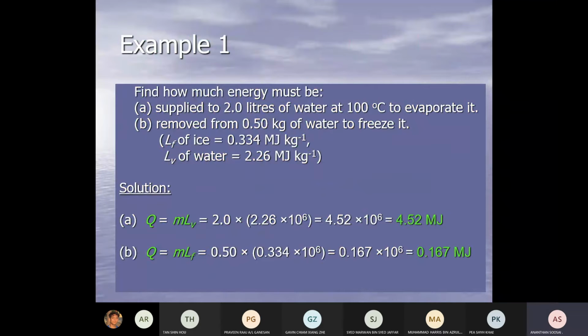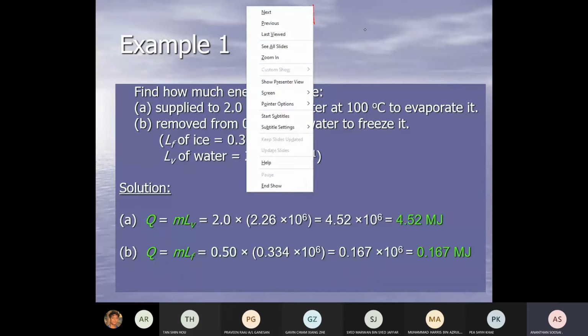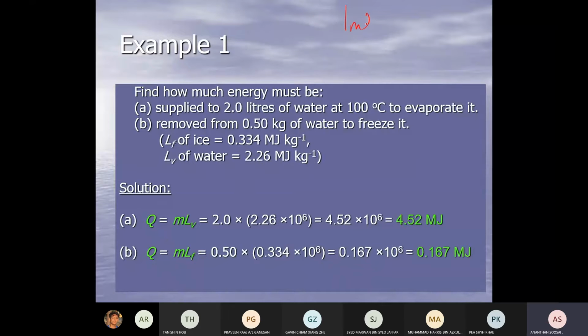Okay, guys. So one example. How much energy must be supplied to 2 liters of water at 100 degrees Celsius to evaporate it? So 2 liters of water. 1 milliliter, we assume like 1 gram. So 1 liter, we take it as 1 kilogram.